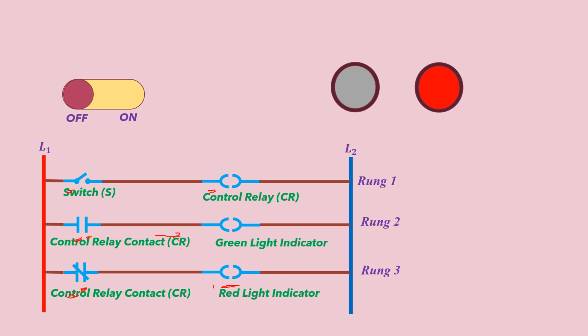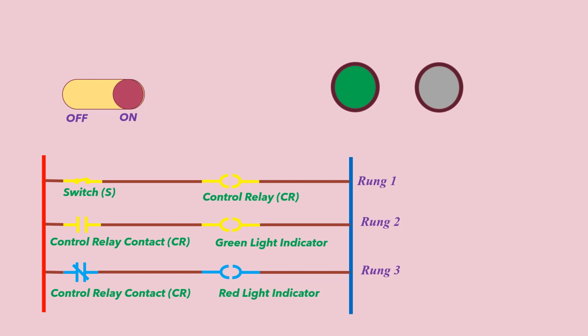So when we close the switch, we can see that in the off position, this rung gets activated and the red indicator will be glowing. When the switch closes, rung 1 gets activated and the control relay coil is activated, which in turn will energize this control relay and this control relay.